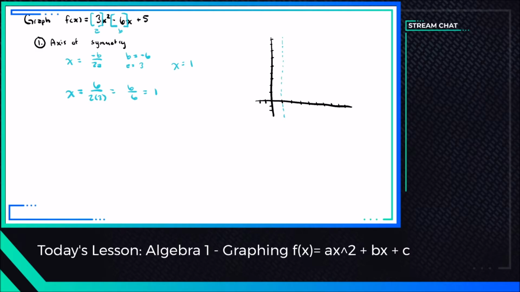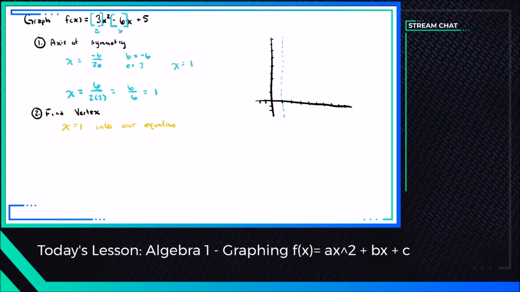Step number 2, we are going to find the entire vertex. And to find the vertex, we're going to do that in yellow. That is just plugging this x equals 1 into our equation.